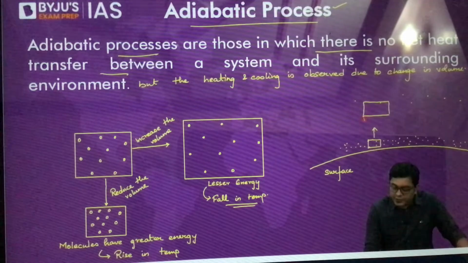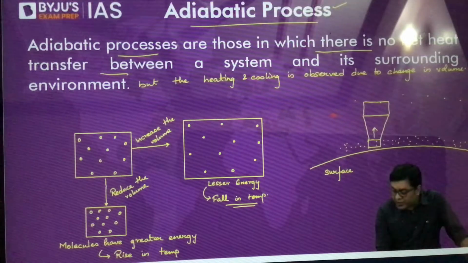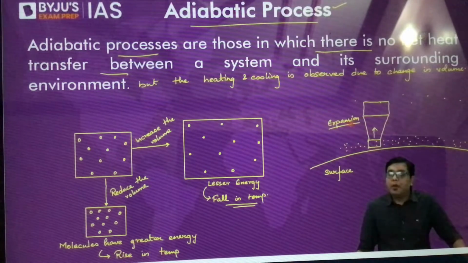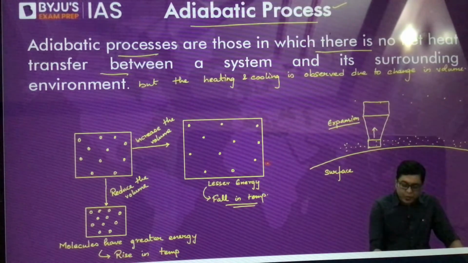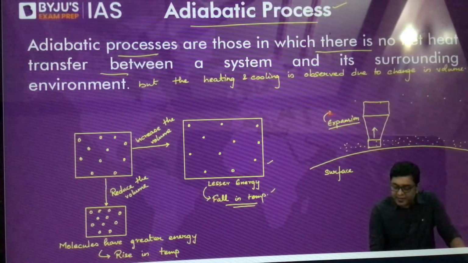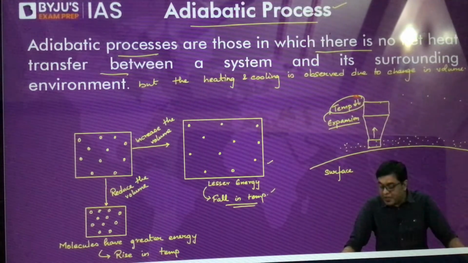This expansion will bring about an increase in volume and thereby a fall in temperature. A significant reduction in temperature is going to happen because of this.